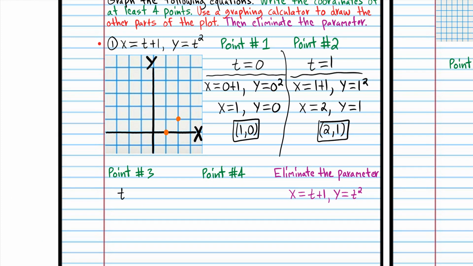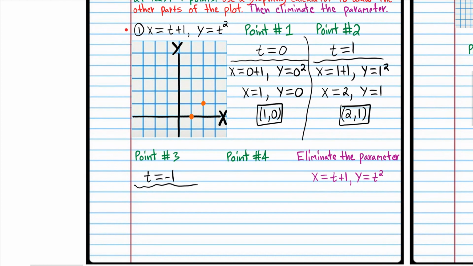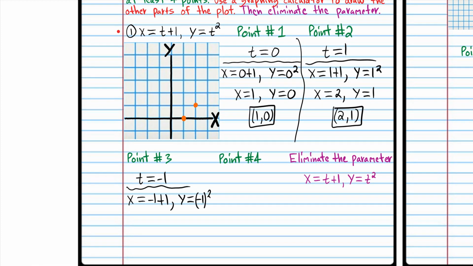And now let's choose t is equal to -1. Again, we choose our value of the parameter first. So x is equal to -1 plus 1, and y is equal to (-1) squared. So again, I got that equation from up there, and I got this equation from there.